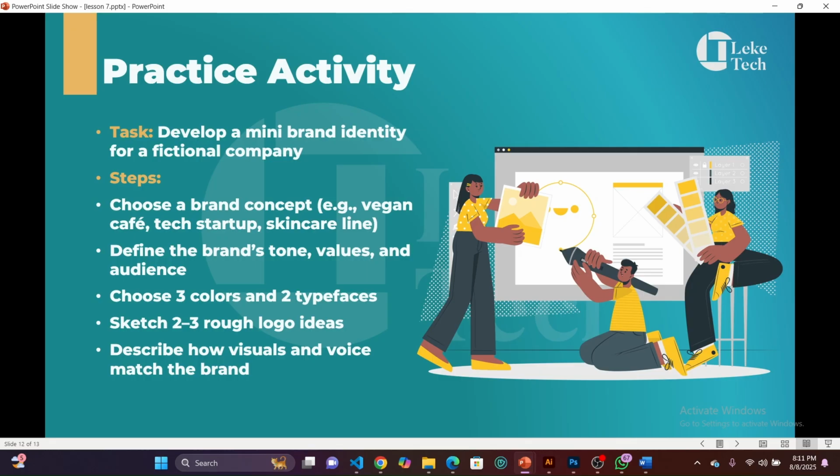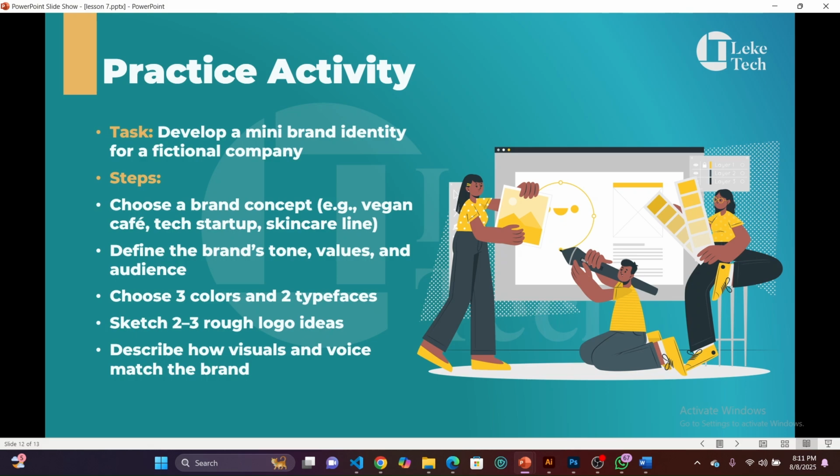For example, if you chose Juju restaurant or maybe Juju skincare, you now have to define the brand tone, the values, and the audience.